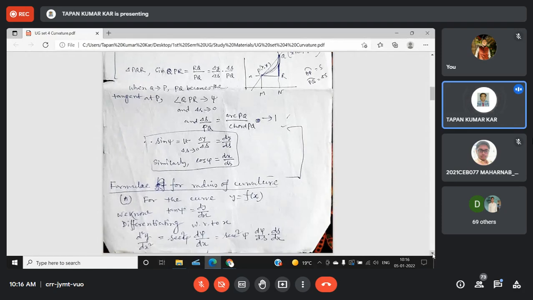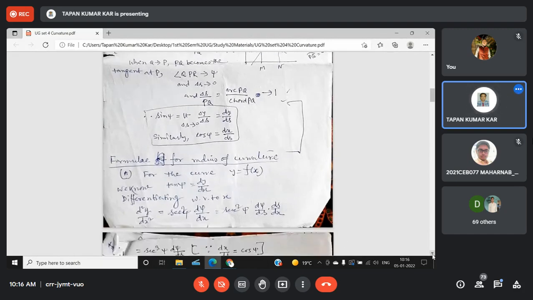Now check this one, the formula for the radius of curvature. Radius of curvature is the reciprocal of the curvature. Rho equals 1 by curvature. Look at this curve. As I told you, your curve will be given in terms of x and y. So how will you determine the radius of curvature?